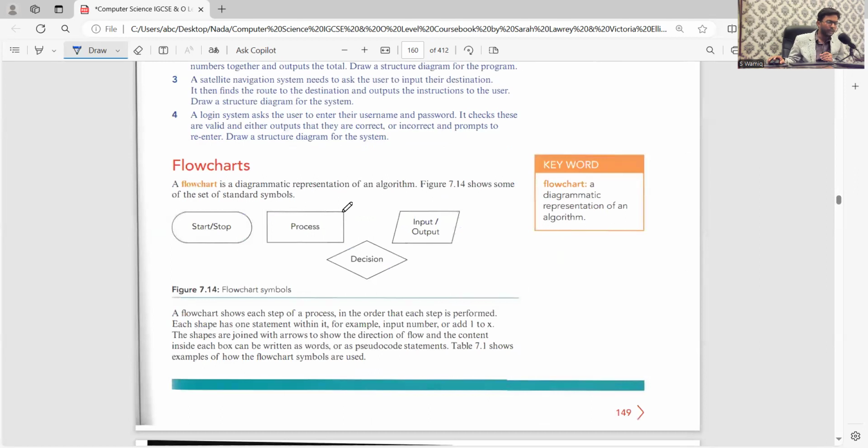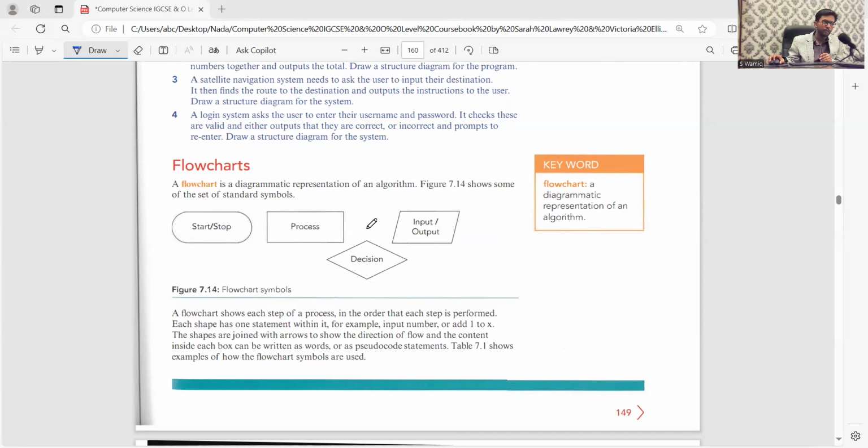So if I discuss in terms of a flowchart, a flowchart is basically a diagrammatic representation of an algorithm, a visual representation of your algorithm. You can say that a structure chart is also an example of a visual aid, but there is a difference.